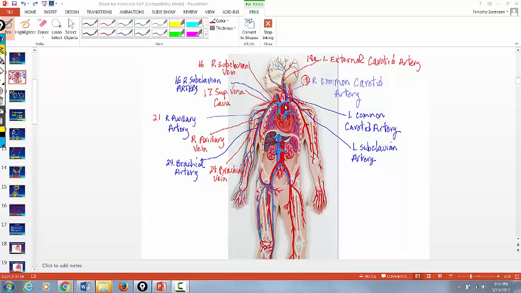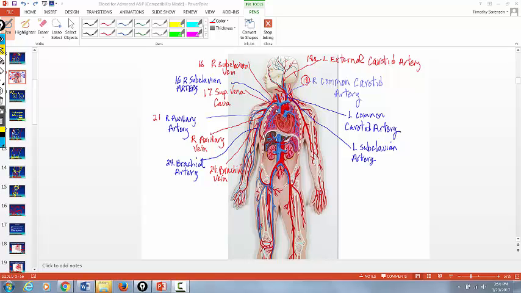The second vessel is the left common carotid artery, which then branches into the left external carotid artery and the left internal carotid artery, not shown here. Then you have the other big vessel that comes off the arch of the aorta, which is the left subclavian artery.